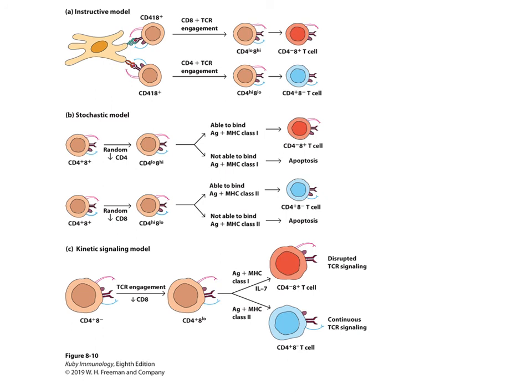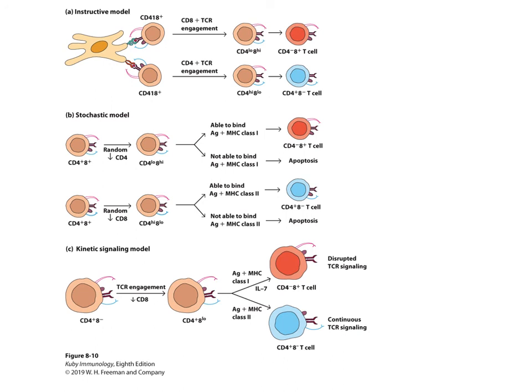So there are several models that have been proposed to explain lineage commitment, so how we end up progressing to that single positive T cell. One of the models is the instructive model, which is in panel A. In this one, the T cell receptor with CD4 versus the T cell receptor with CD8 have co-engagement and end up generating unique signals.